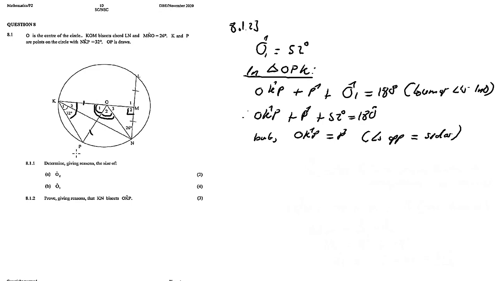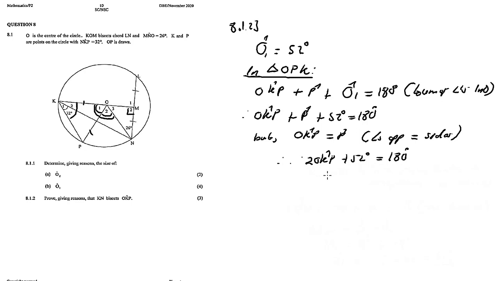So since I want angle OKP, I can substitute P with OKP, and I get 2 OKP plus 52 degrees is equal to 180 degrees.